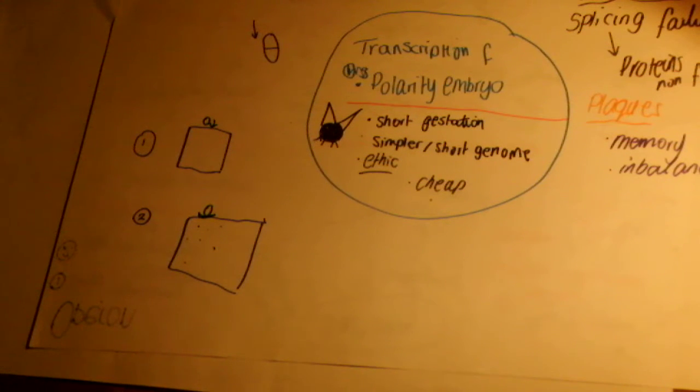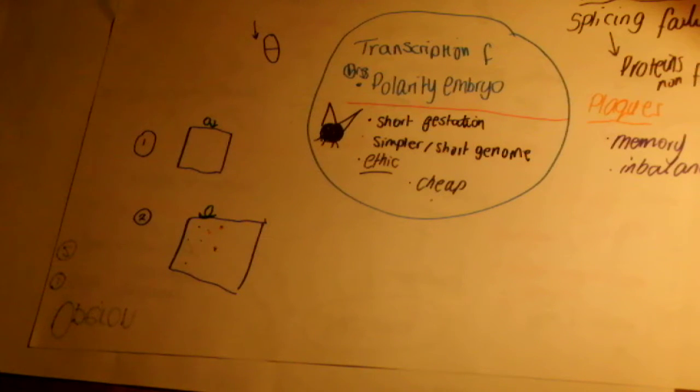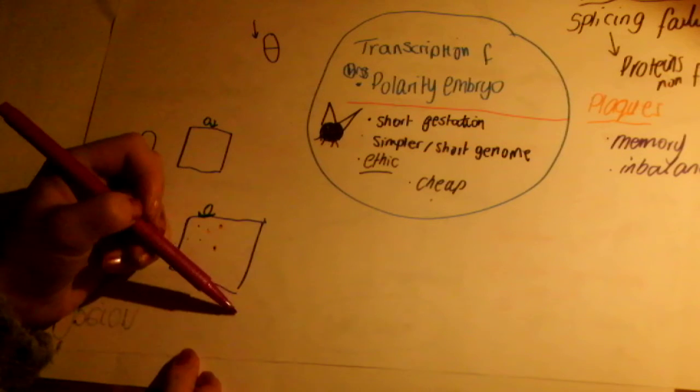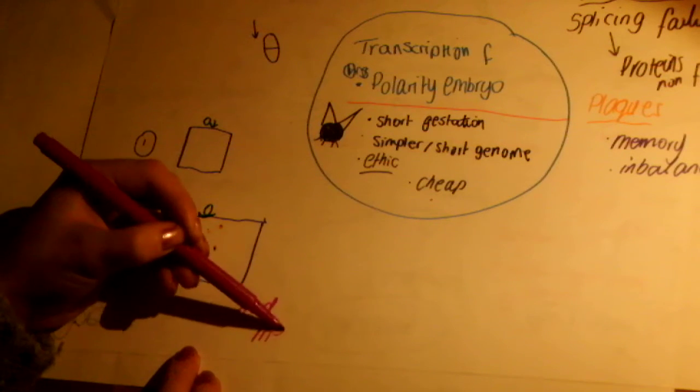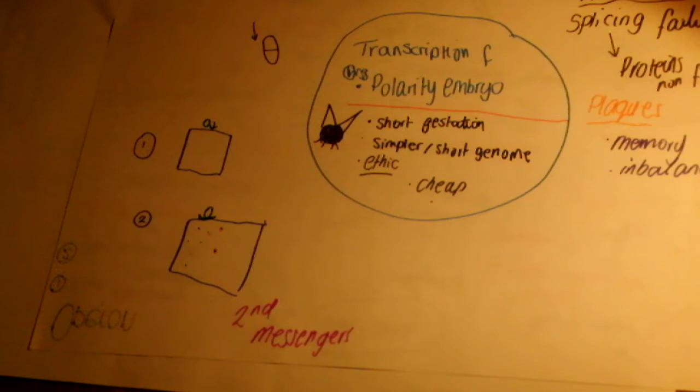The enzymes, which are the yellow dots, result in the production of chemical second messengers inside the cell.